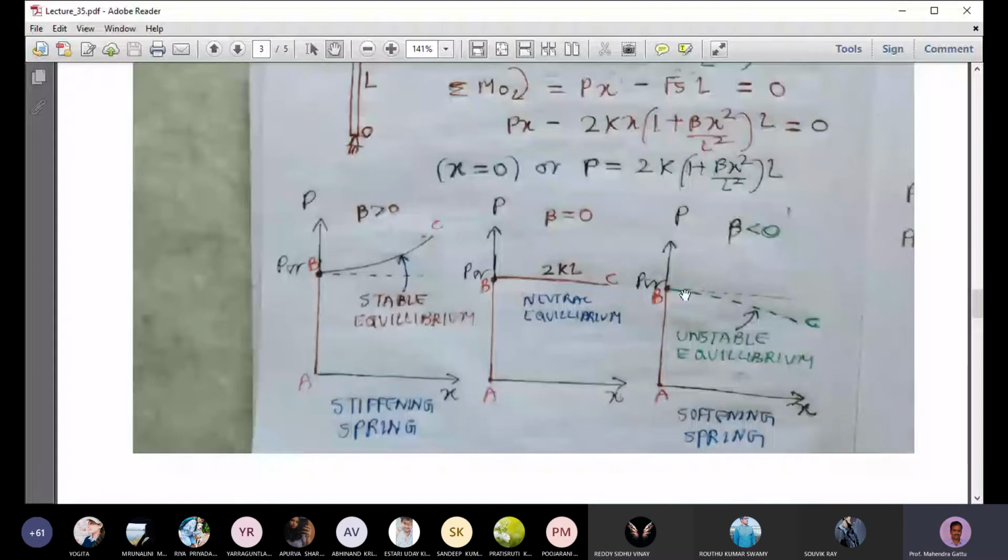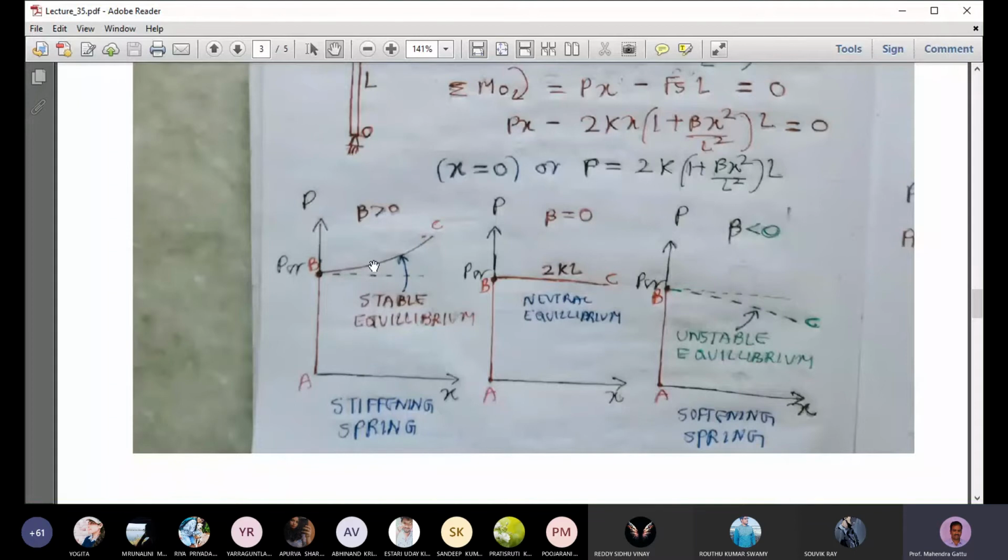Okay. Now let's understand more about stability. So for beta is 0, it is a neutral equilibrium, and for beta greater than 0, the stiffening spring, the equilibrium is called stable. What do you mean by stable equilibrium? Suppose you take a distance x, say distance x1.